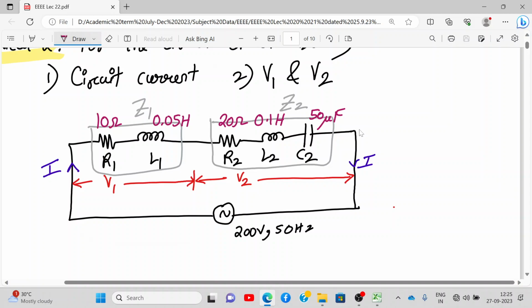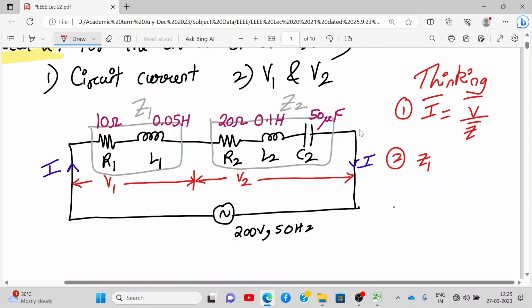Okay. So we'll talk about the thinking process. Tell me what will be the first step? What will I be given by? If you know total Z and total V. Do we know the total V value? Yes. I is total V upon total Z. How will you calculate total Z? You can calculate total Z once you know Z1 and Z2.